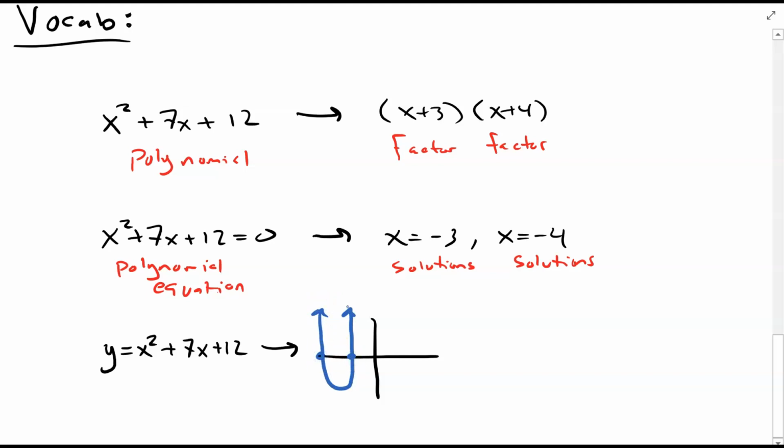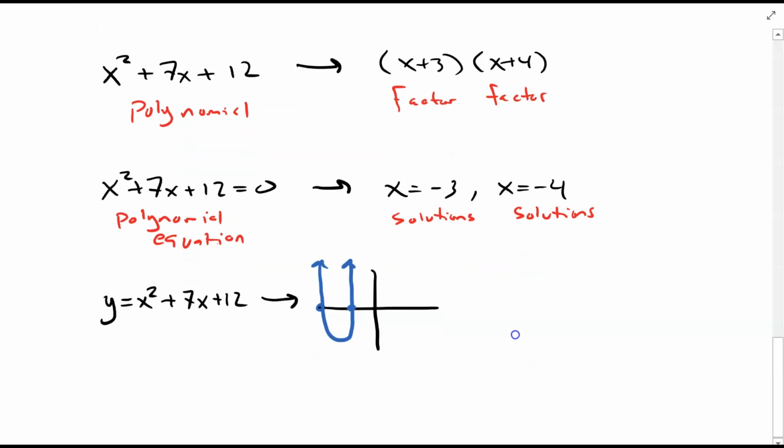So if I have something like y equals x squared plus 7x plus 12, I could graph that, right? What are these 2 points called right here that I've drawn? Those have a name, right?